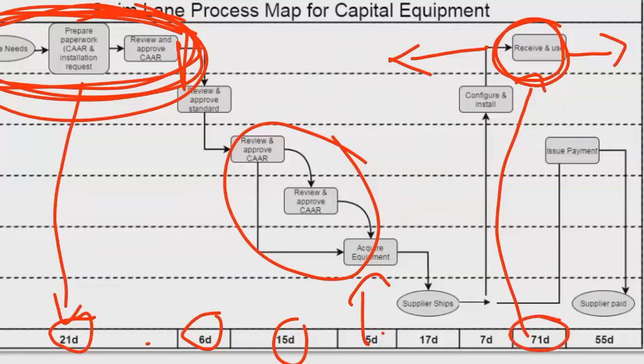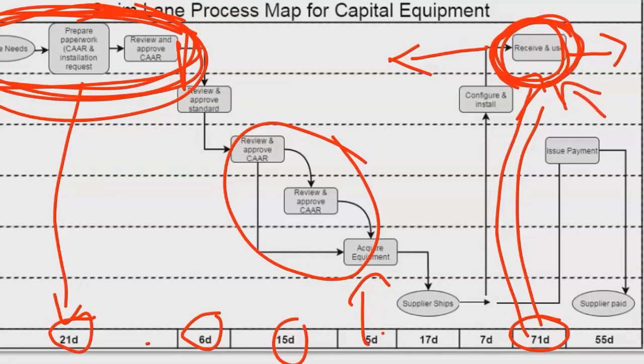There's another concern, though, that I have with this 71-day occurrence. Anytime I see one activity box that represents a significant part of overall processing time or overall lead time in the system, that's a red flag to me that the team probably hasn't gone out and interviewed folks about this or walked this part of the process.